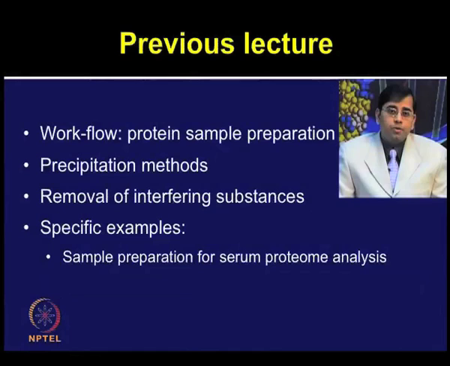So, we discussed a workflow for protein sample preparation, different types of precipitation methods, removal of interfering substances, and then in the last lecture, I started talking about specific examples. First, we discussed how to analyze serum proteome, how to prepare the sample for serum protein analysis.